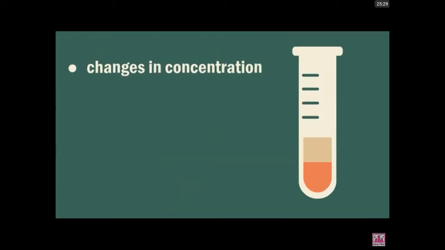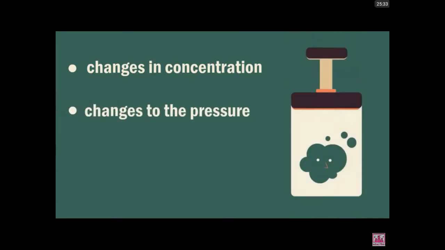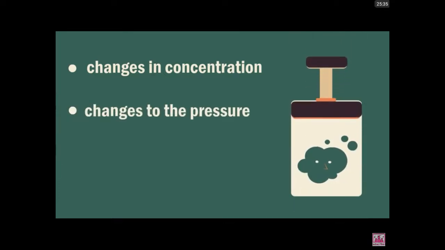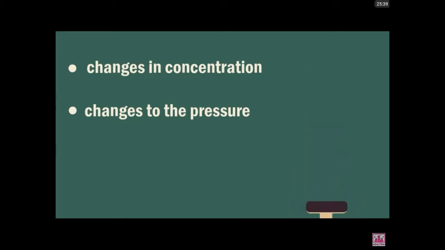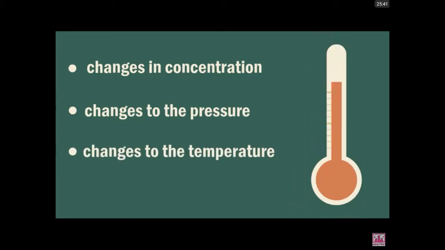The stresses are changes to the concentration of either the reactants or products, changes to the pressure, although this is only applicable to gaseous systems, and changes to the temperature.